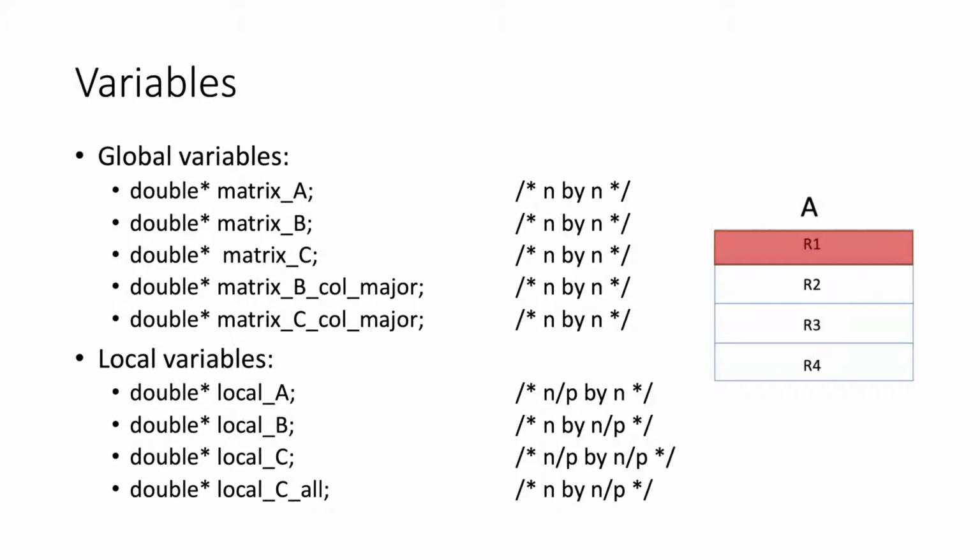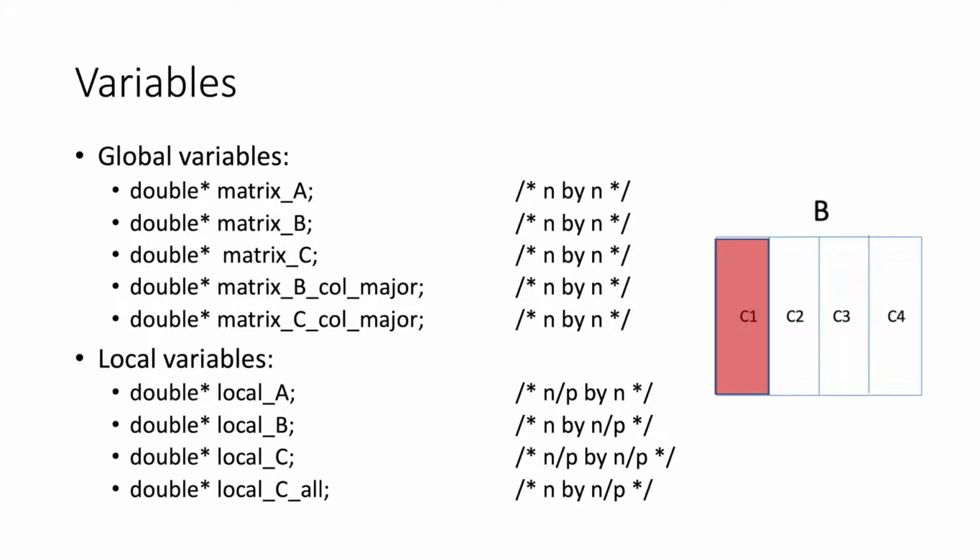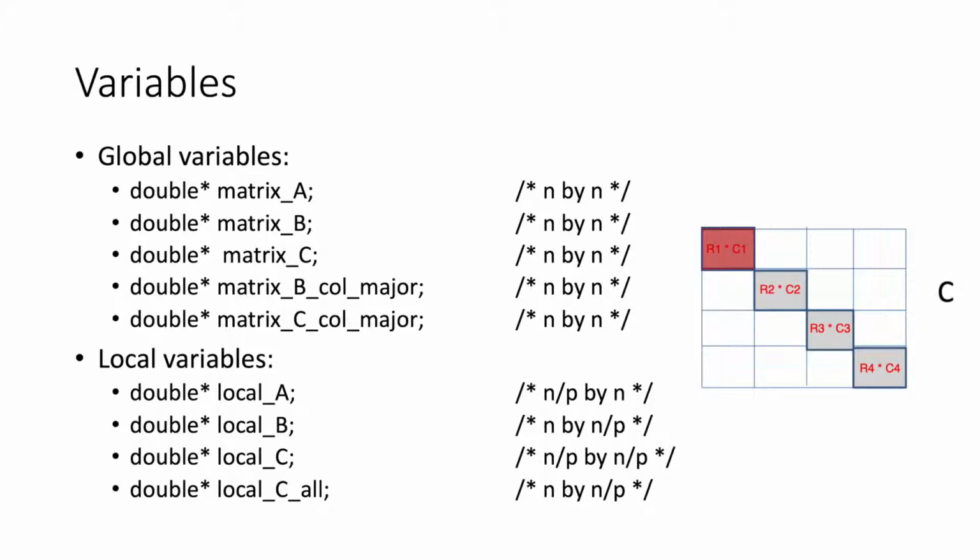The local variables are local A, which is only a chunk of matrix A assigned to each process, as shown in the red rectangle. Local B is the same. The only difference is that the chunk is sliced by column. Local C is the result of local A multiplied by local B, as shown in the red rectangle.